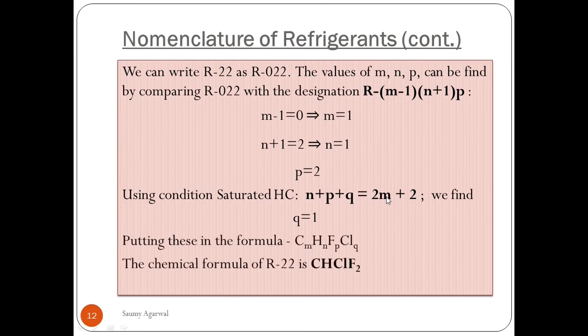Now we will put all these values in the formula CmHnFpClq. So we get the chemical formula of R22 as CHClF2, as m is 1, which is the number of carbon atoms, n is 1, which is the number of hydrogen atoms, the value of q is 1, which is the number of chlorine atoms, and the value of p is 2, which is the number of fluorine atoms.